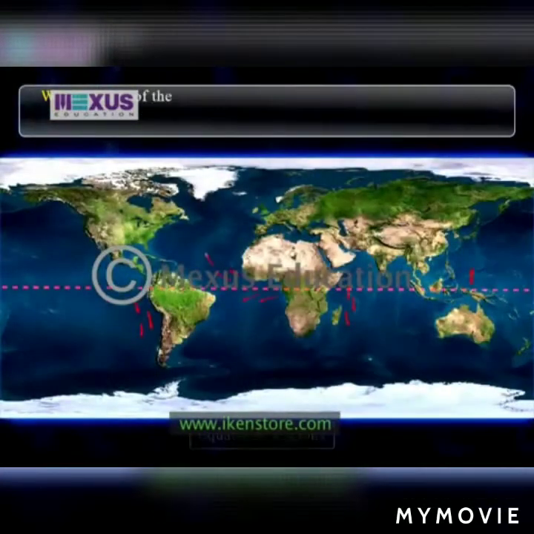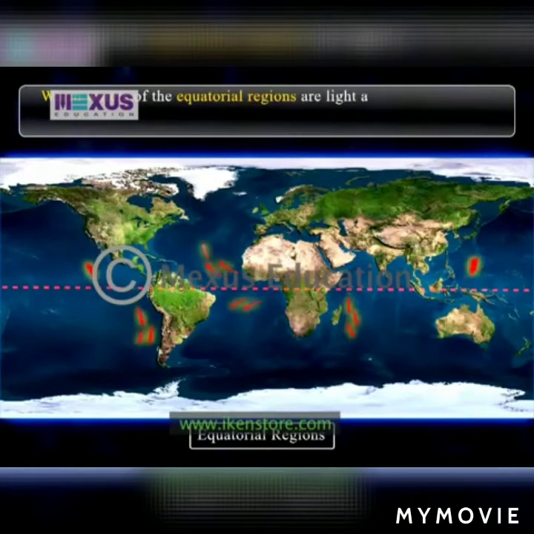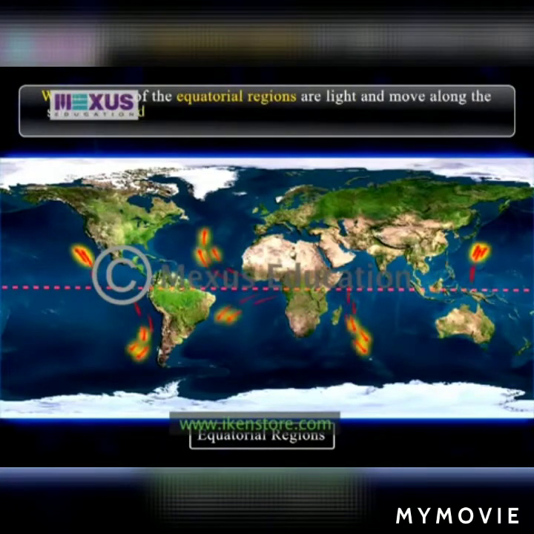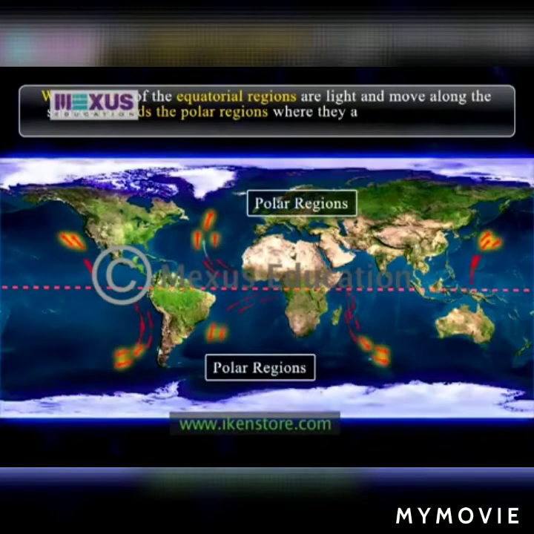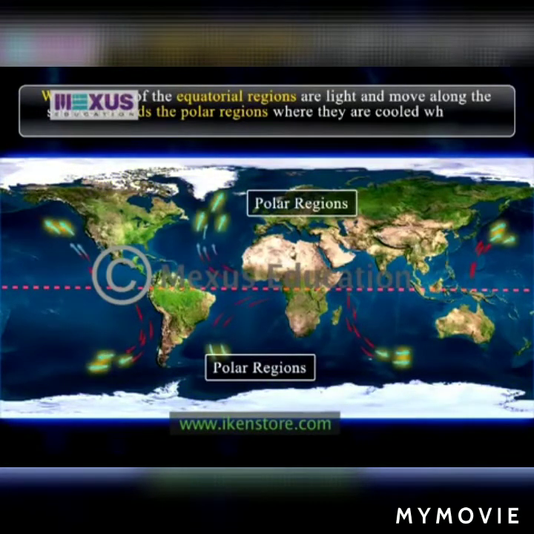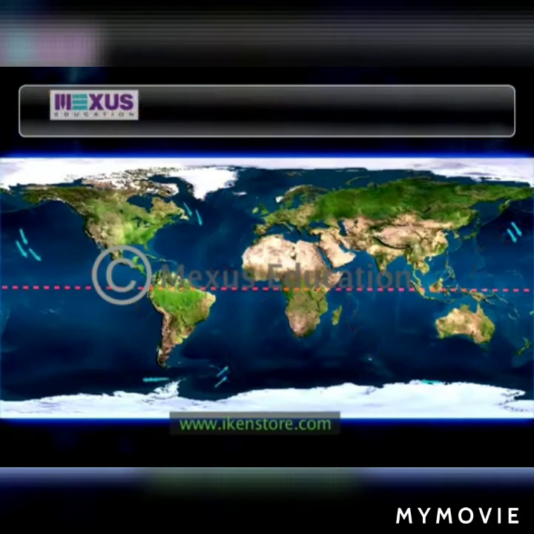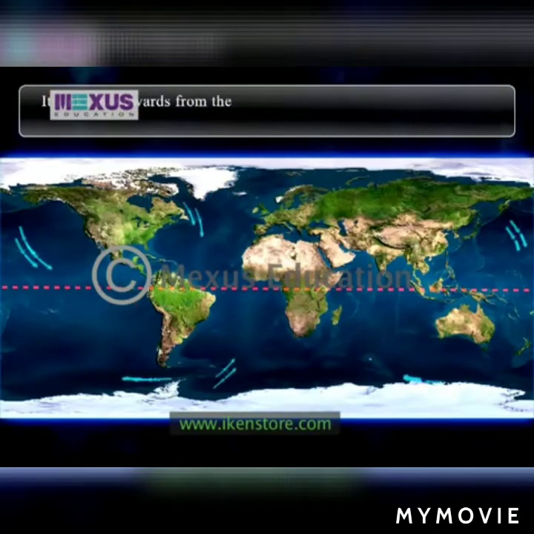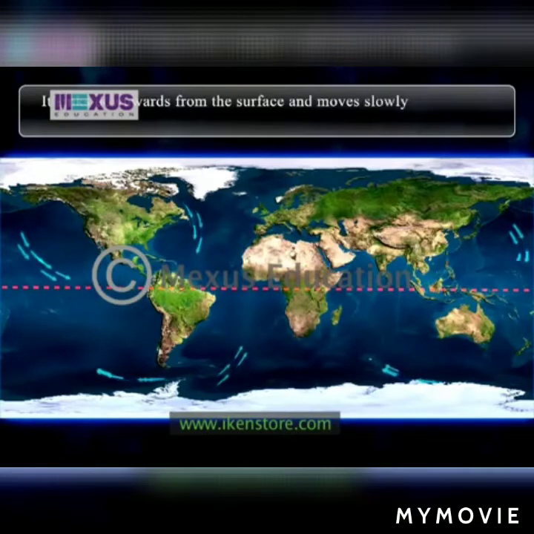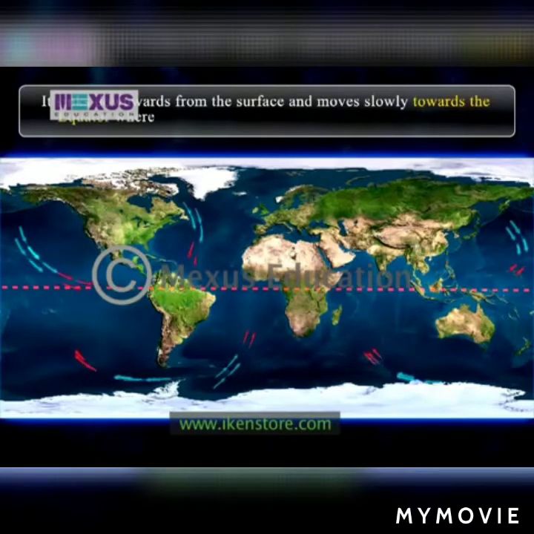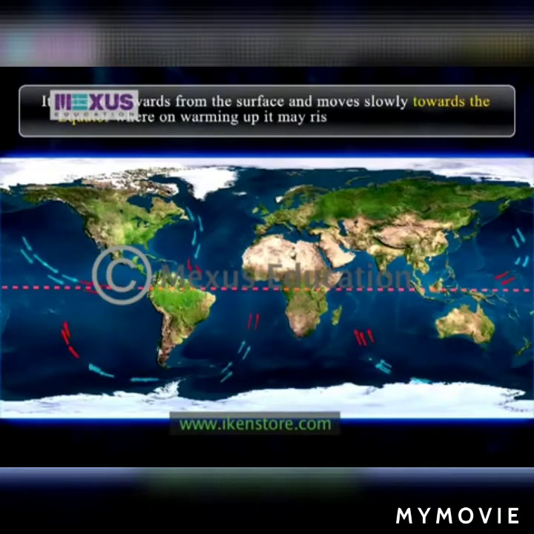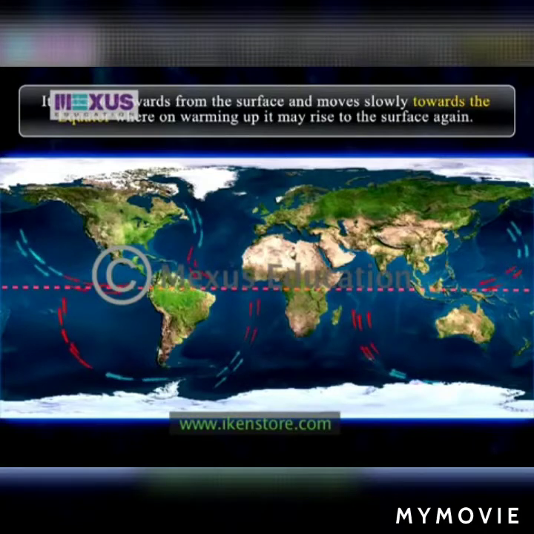Warm waters of the equatorial regions are light and move along the surface towards the polar regions, where they cool, while the cold water is dense and heavy. It sinks downwards from the surface and moves slowly towards the equator, where on warming up it may rise to the surface again.